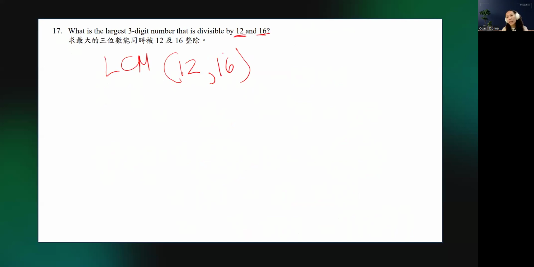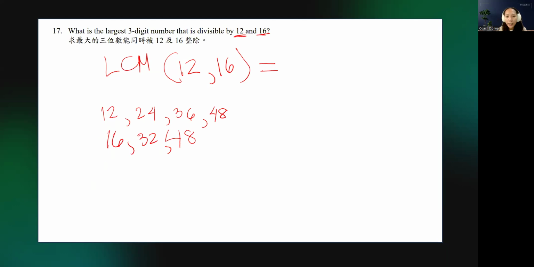So you count 12, 24, 36, 48, and so on. For 16: 16, 32, 48. They will meet at 48, so their LCM is 48.